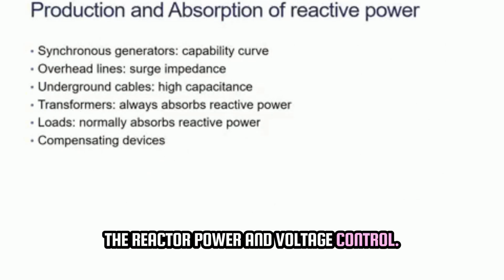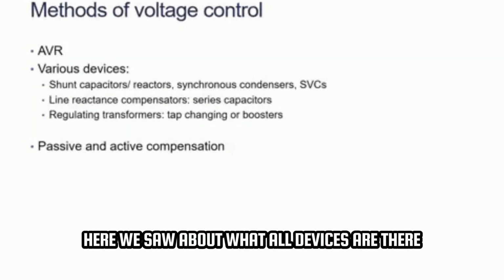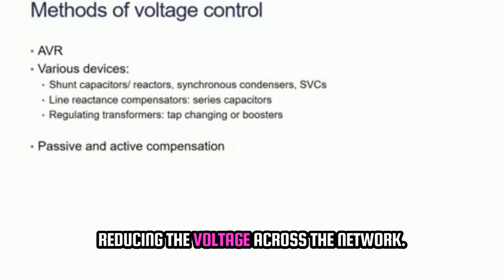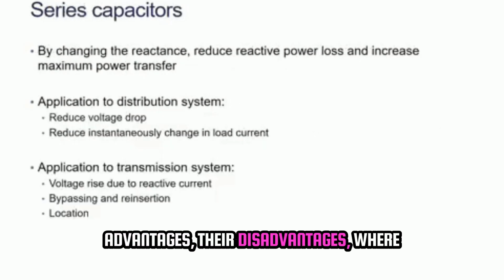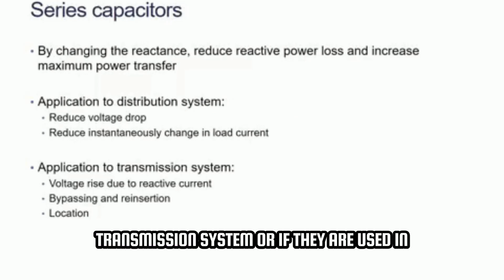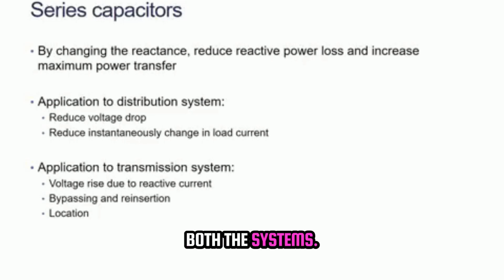and voltage control. Here we saw what devices are there which impact increasing or reducing the voltage across the network. We saw some of those devices, their advantages, their disadvantages, where they are used, and if they are used in a transmission system or in a distribution system, how they behave in both the systems.